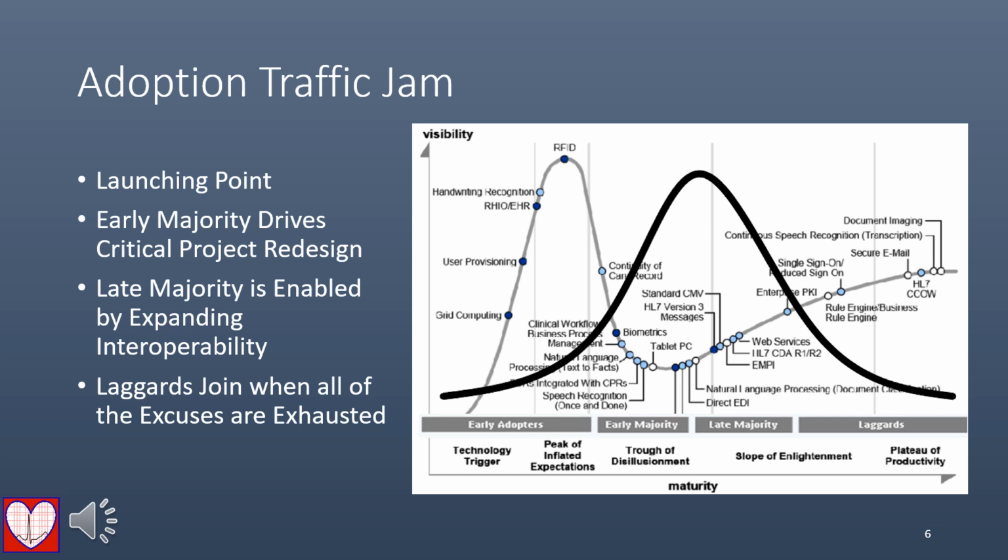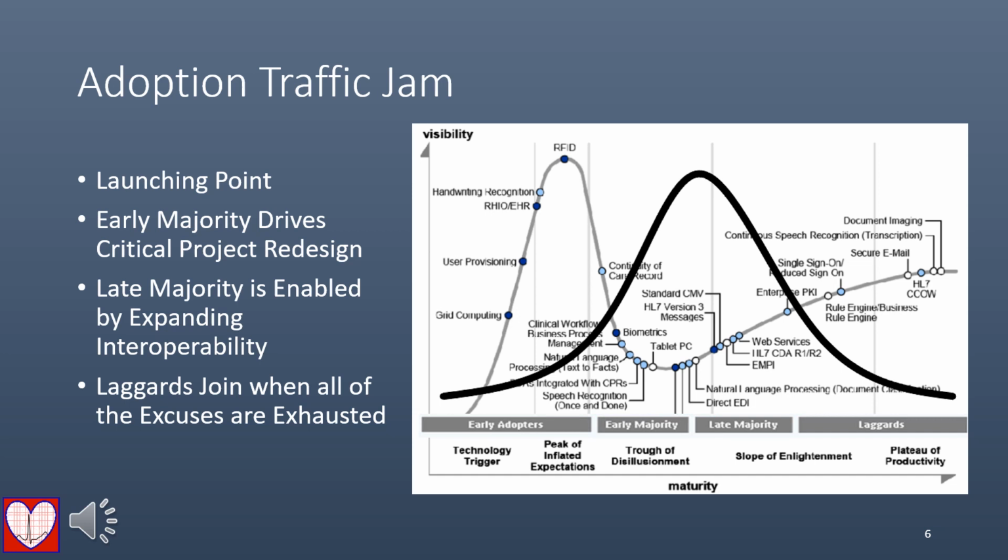Here, many voices come on board and identify many problems, and either solutions are generated or the project is scrapped. The late majority begins signing on when expanding interoperability and large-scale rollout makes the technology available to an expanding audience. Finally, the laggards get on board when the vision nears completion and most everything is all buttoned up.